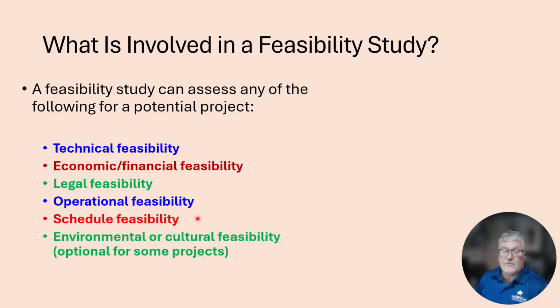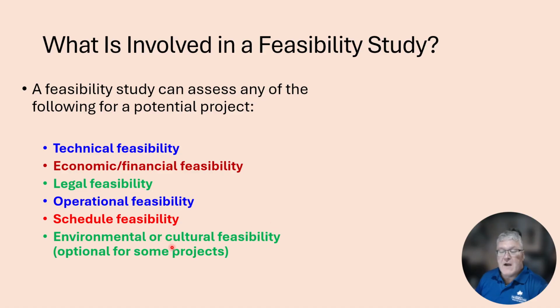Next, there's the schedule feasibility. You might have a time frame you have to live within. If there's too many components of it, you may risk going over that timeline component, and so that's why it's investigated to see if you can fit that portion of the project.